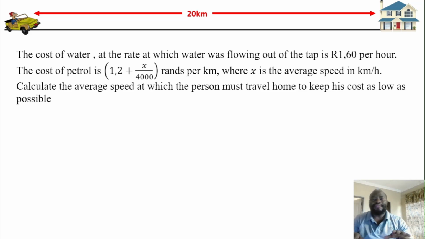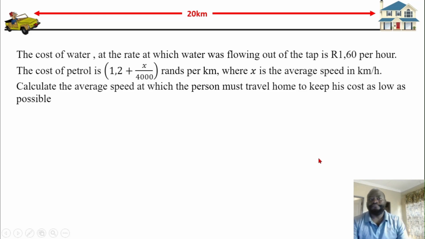So we want to know what the right balance is for those two things. What is the exact value of x that he needs to travel, so that both these costs are kept at a minimum? He doesn't drive too fast to use too much petrol, and doesn't drive too slow to lose all the water that's going to cost him 160 per hour.